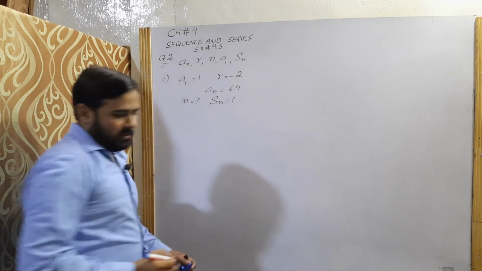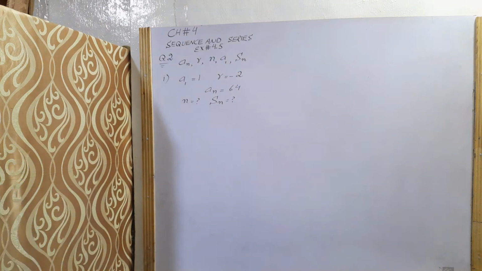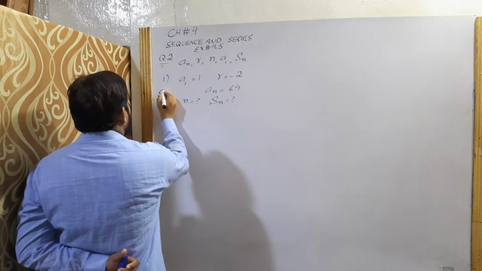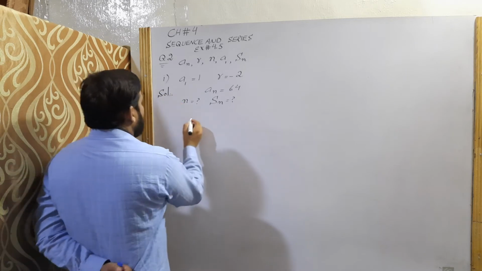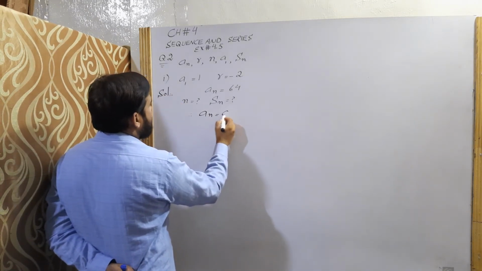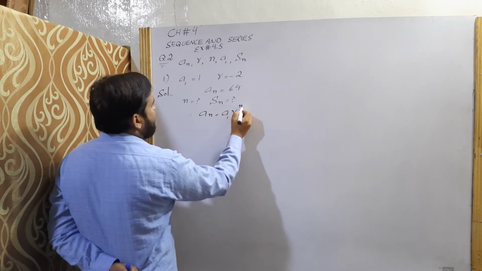Two components are missing in this case, which is number of terms and the values of summation Sn. So we know that An is equal to A1 r raised to power n minus 1.